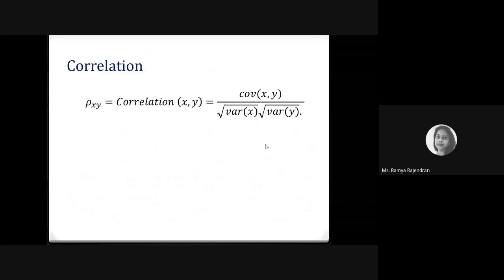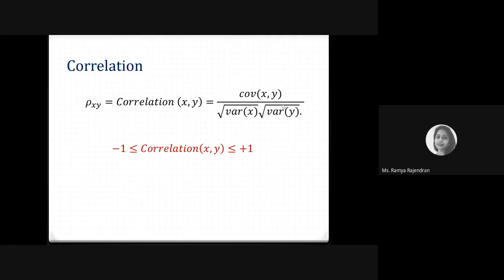So we will be seeing the formula for correlation. The formula for correlation is covariance between x and y variables divided by standard deviation of x and standard deviation of y, that is, covariance between x comma y divided by square root of variance of x into square root of variance of y.